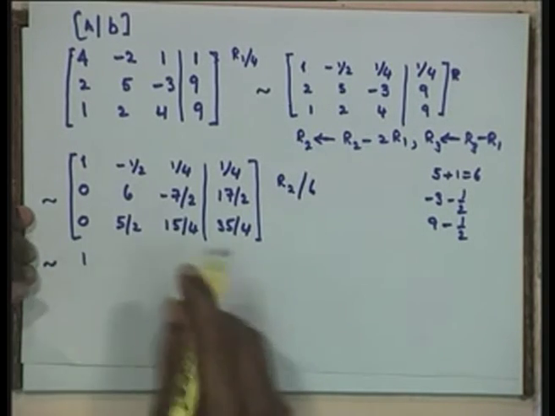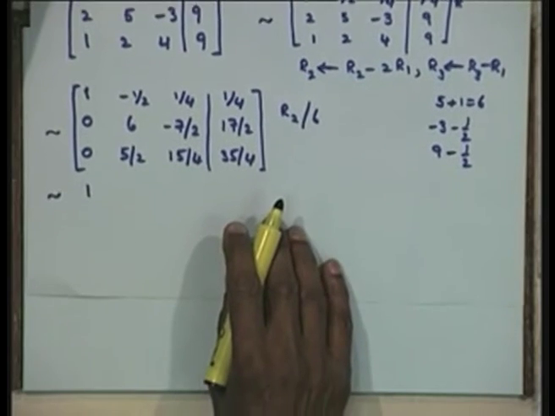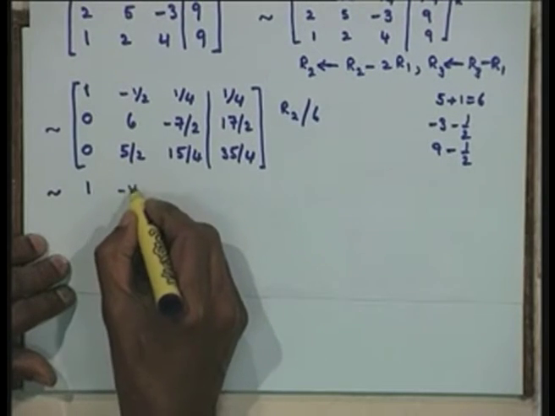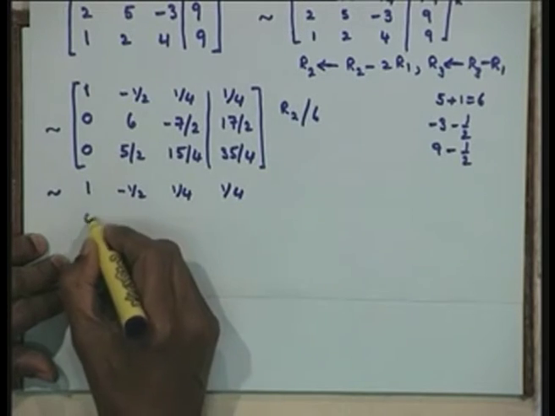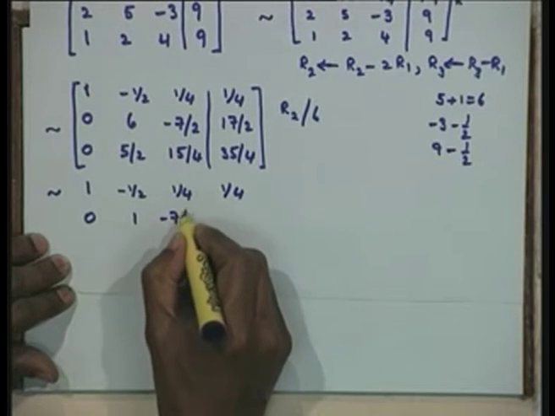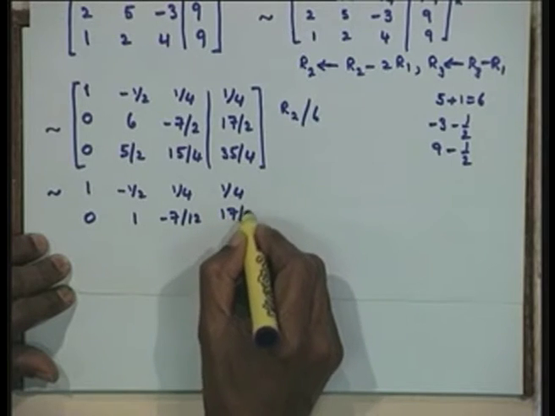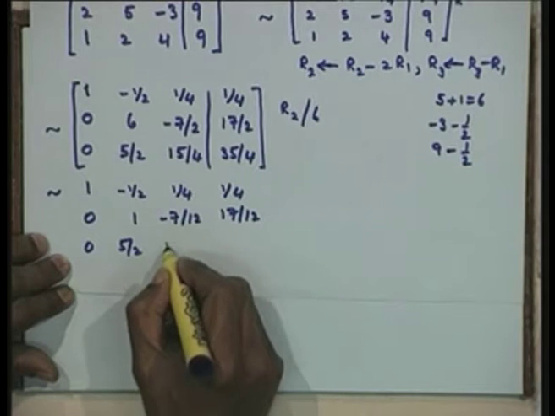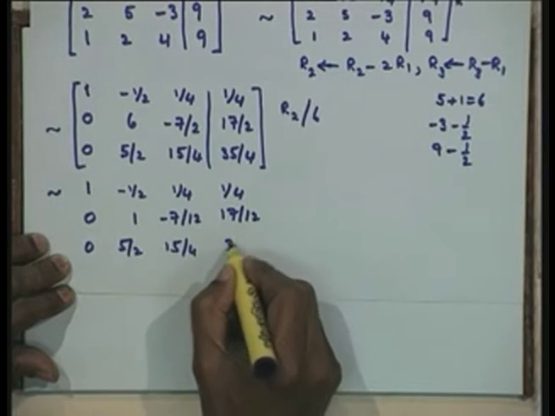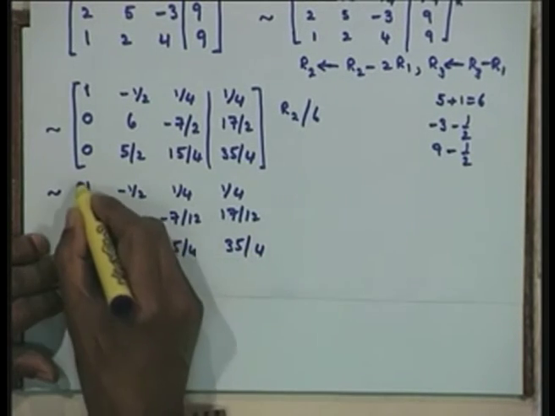Then I will get a system 1 minus half 1 by 4, 0 1 minus 7 by 12, 17 by 12, 0 5 by 2, 15 by 4, 35 by 4.